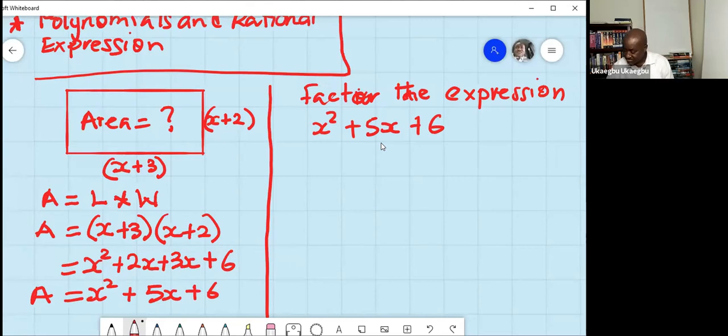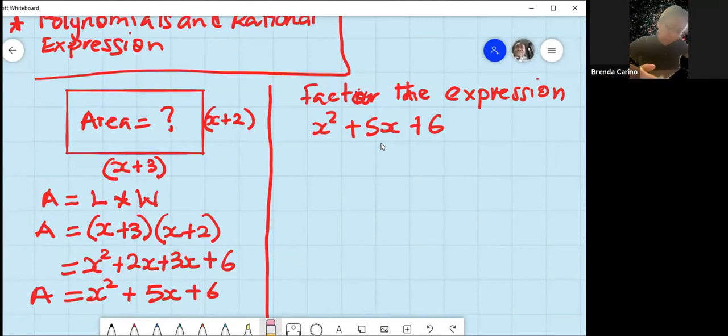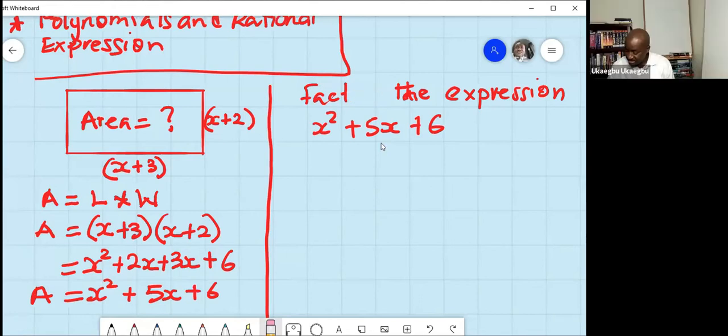Have you seen this type of question before? Yes. All right. So that's the purpose why we are doing it. Factor the expression.